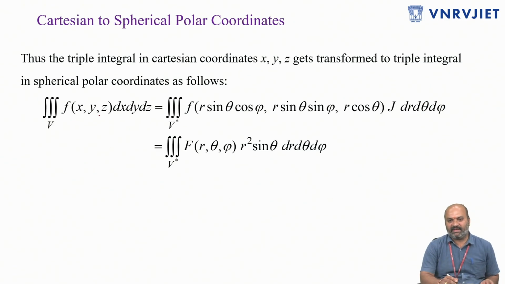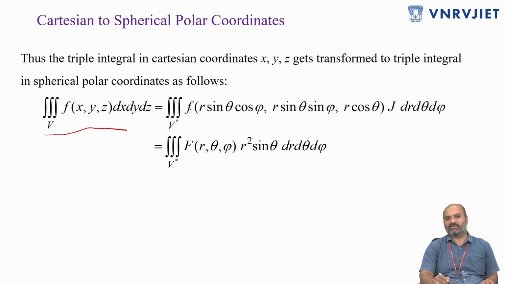Now let's substitute. The integral in Cartesian coordinates, which will be equivalent to the corresponding integral in spherical polar coordinates, is the triple integral over V of f of x, y, z, dx dy dz. The equivalent volume in spherical polar coordinates, let's denote it with V star.